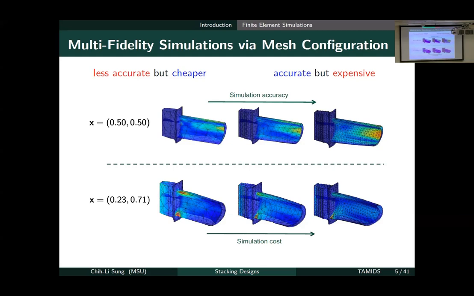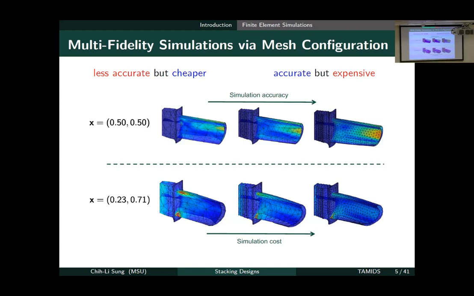How do we tune this fidelity? In the finite element method, the most straightforward way is to change the mesh size, the mesh configuration. You see that here, in this finite element method, we have a very dense mesh configuration, so the mesh size is pretty small. And it gives you a very accurate solution. But the price is that it's going to be very computationally expensive.